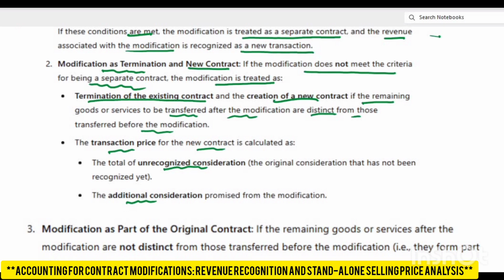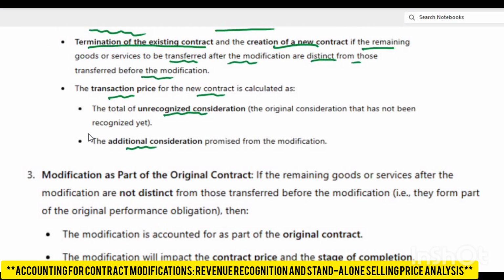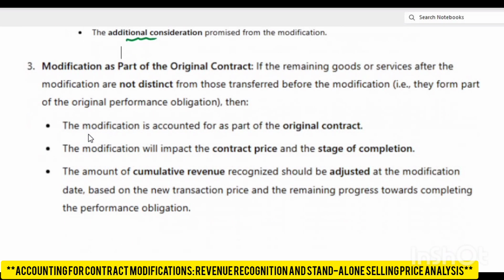Now the third scenario: if the remaining goods or services are not distinct, then that sort of modification will be considered a part of the original contract. This means that if the remaining goods or services after modification are not distinct from those transferred before the modification, they form part of the original performance obligation, and the modification is accounted for as part of the original contract.